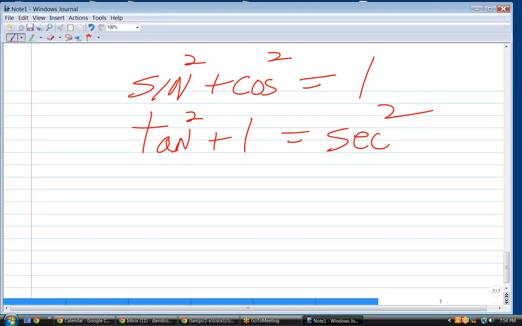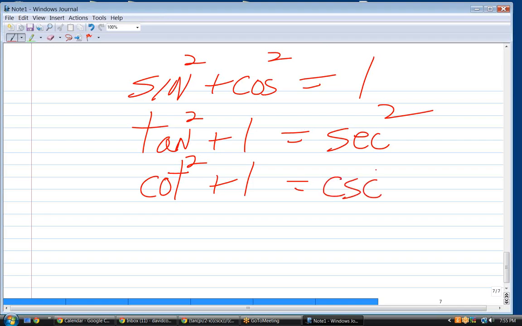And the third one, don't look it up, don't memorize it. Tell me what the third one is. It's based on the second one. Cotangent squared plus 1 equals cosecant squared. Everything's exactly the same, only we're using the cofunctions.